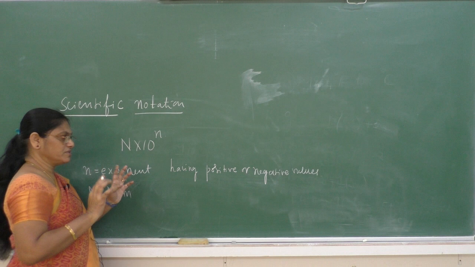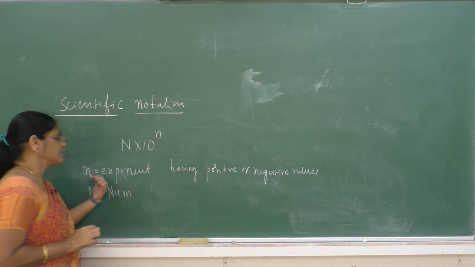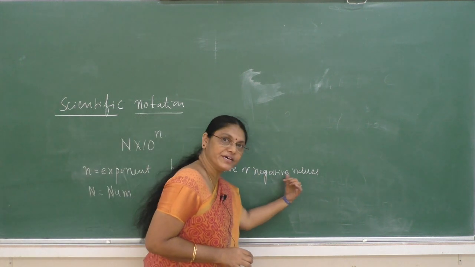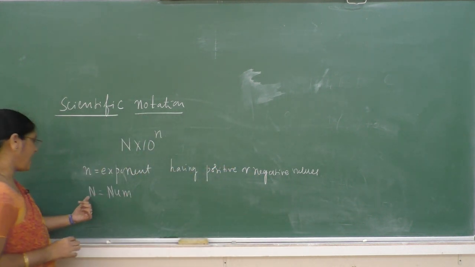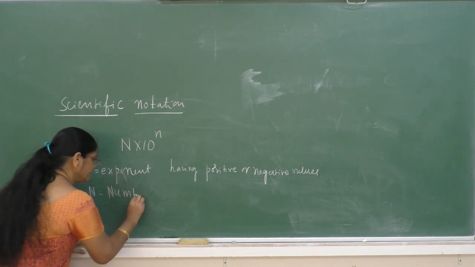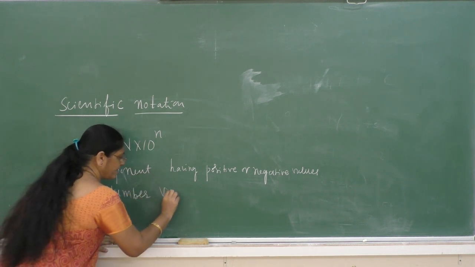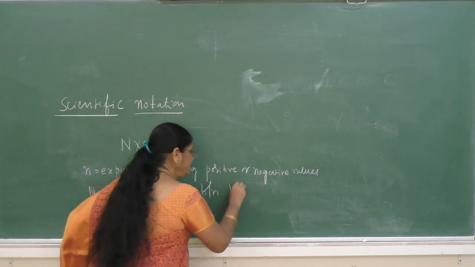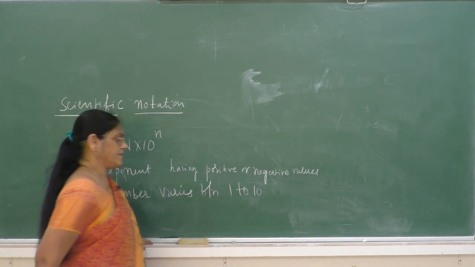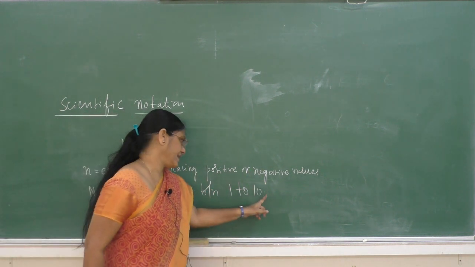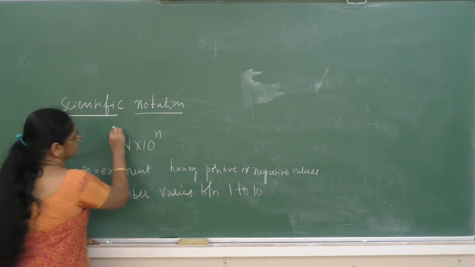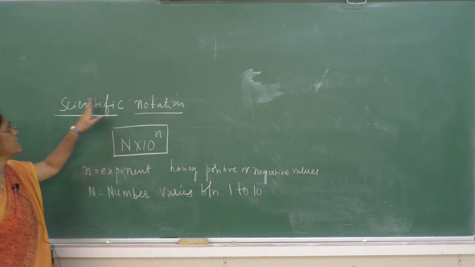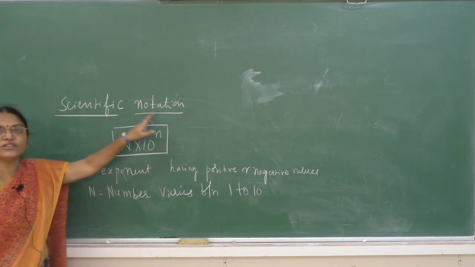What are the possible values of this small n? This n has positive or negative values. Capital N is the number, which varies between 1 to 10. The representation of a number in this form is known as scientific notation.